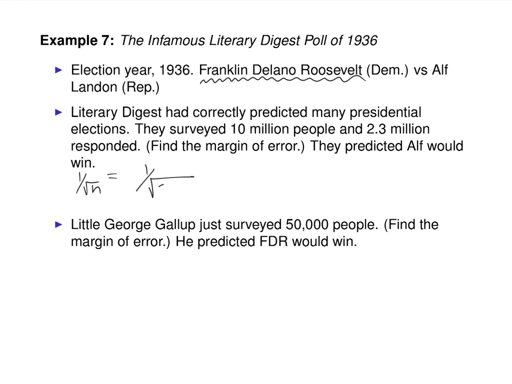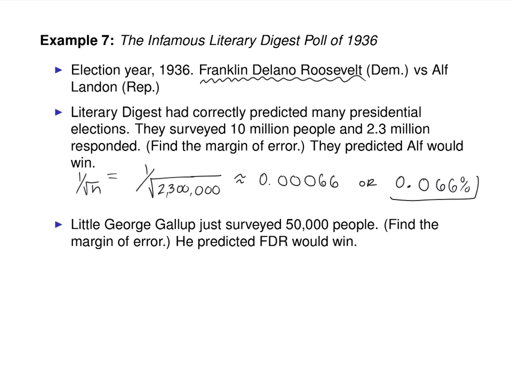So 1 over root 2,312,000, I think that's 5 zeros, right? So that's approximately 0.00066, or as a percent, 0.066%.